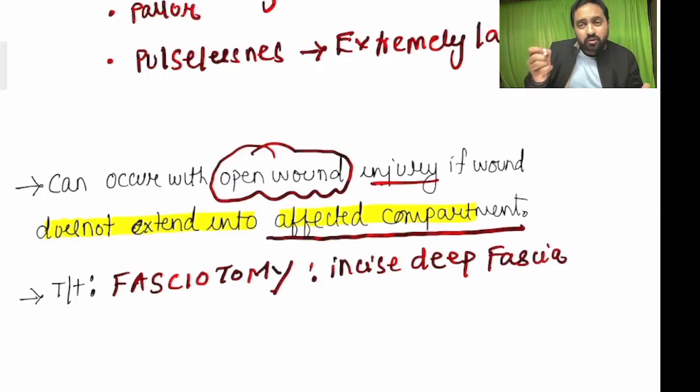So how do you decompress the compartment syndromes in the leg? Let's mention how to decompress the superficial and the deep posterior compartments, and the anterior and the peroneal compartments.